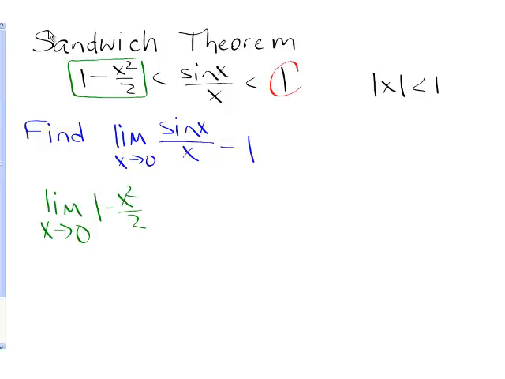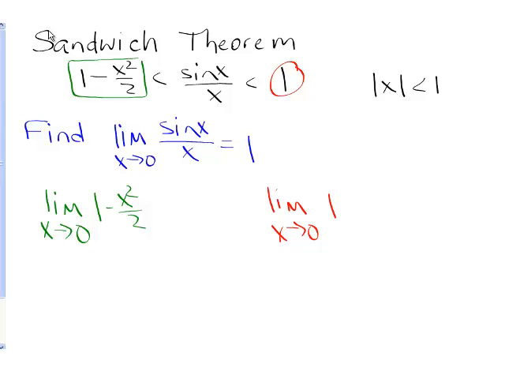We're going to take this guy right here and find the limit as x approaches 0 of 1. And if these two limits go to the exact same place, then that's where the sine x has to go also, because it's in between them.